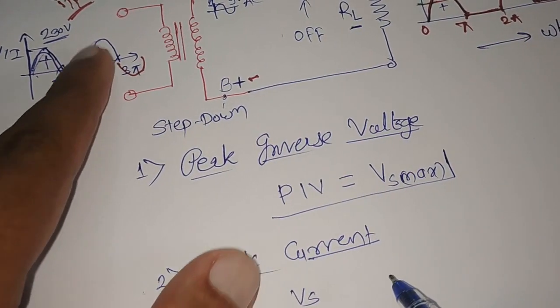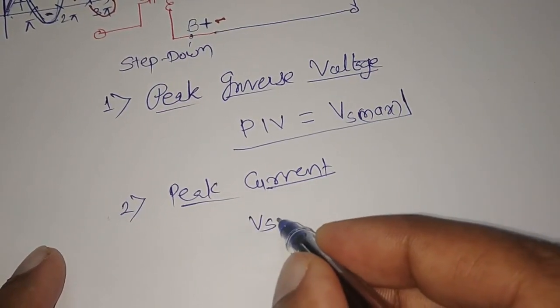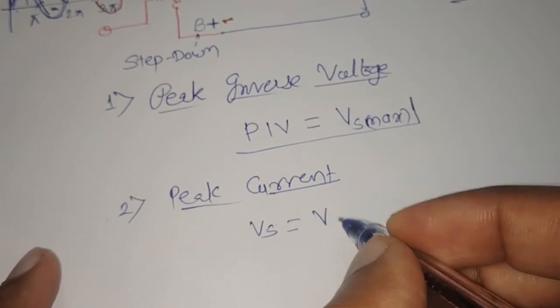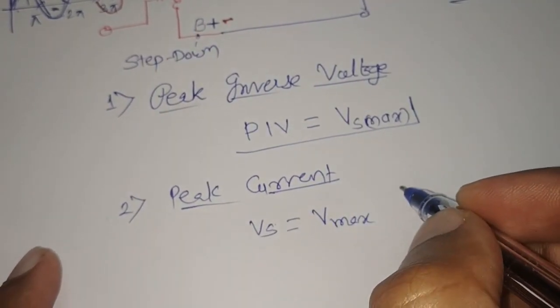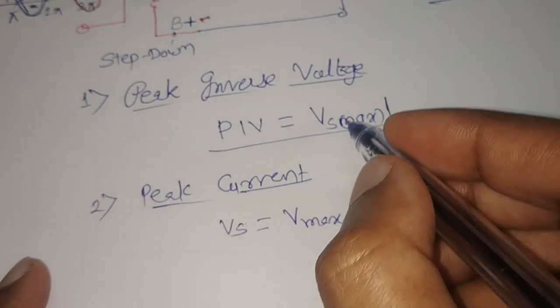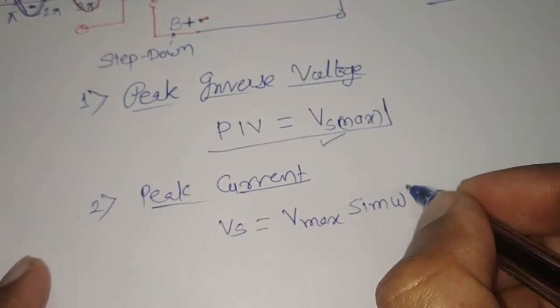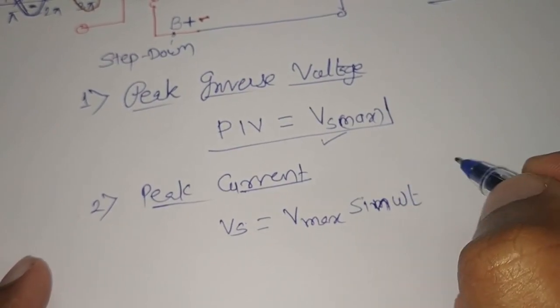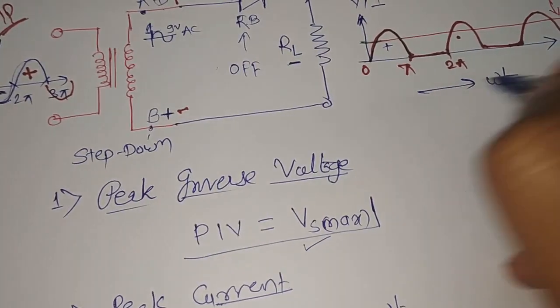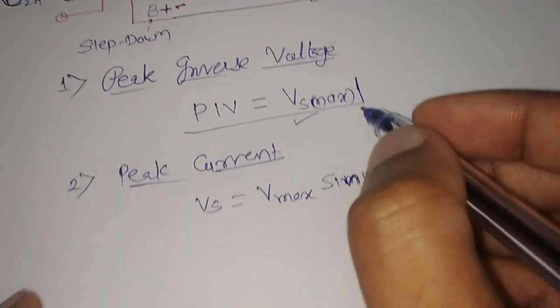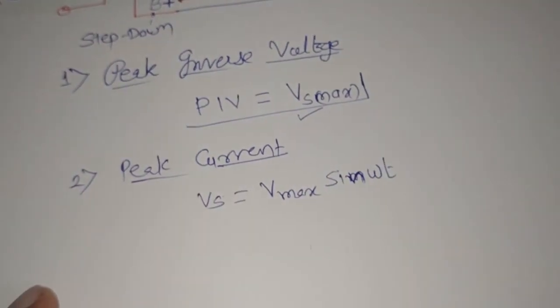For sinusoidal signal, we'll represent it as Vs is equal to, say, V max or Vm, the maximum value of voltage, sine omega t. Right. So we calculate this time as omega t.